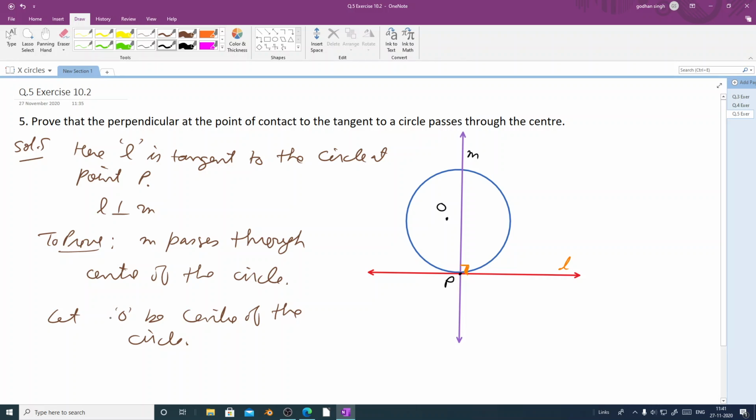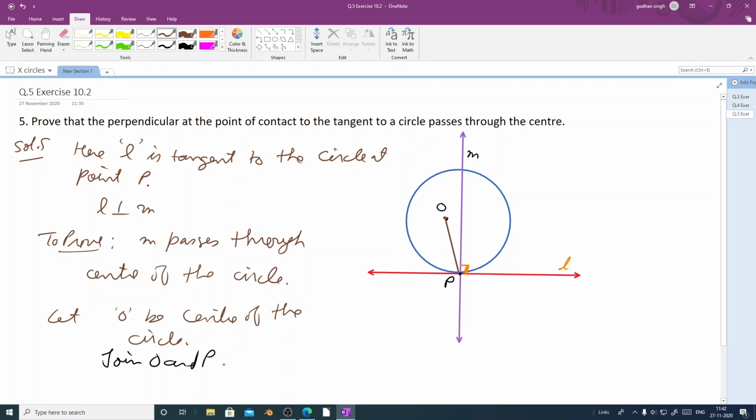Now, what we will do is join O and P. We have joined O and P. So, what is OP?